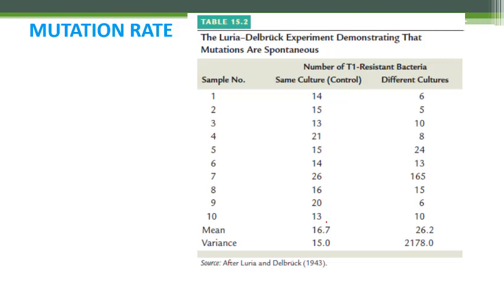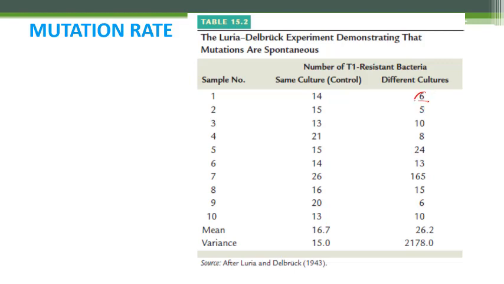Now the right column, the third column, shows that the number of resistant bacteria is quite different in different petri plates. The third column is from the culture tubes. Since they were growing independently of each other, if we read from top to bottom, in the first sample we have 6 resistant colonies, in the second we have 5.